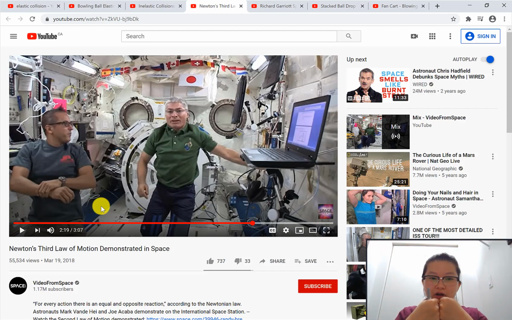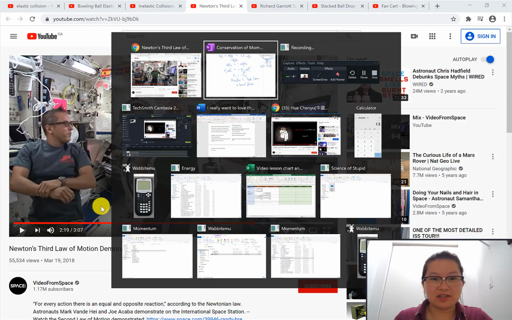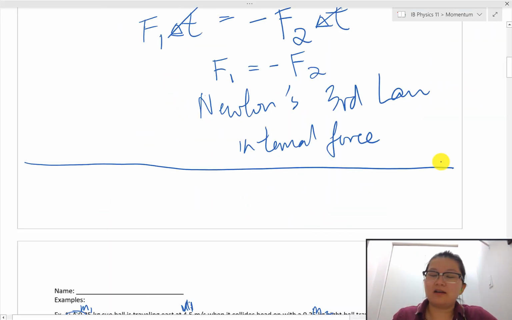So after Mark pushed Joe, his momentum is forward, and Mark's momentum is now backwards. You can see if you add up the total momentum, it sums up to 0. So the total momentum before and after is the same, which was 0. Very interesting, hey?